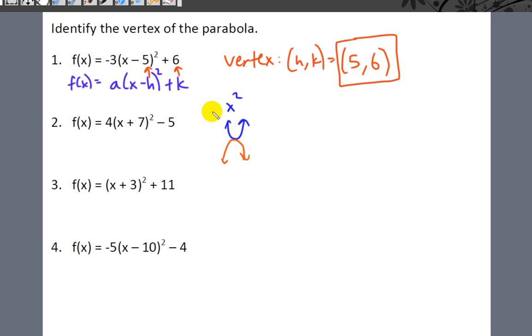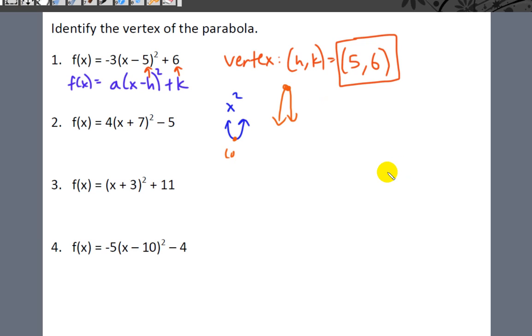Then it's going to be shifted 5 units to the right, and also shifted 6 units up. This 3 in the front says it's going to be vertically stretched, so it's going to get skinnier. It's going to look something like this, and that would be our vertex here. So it goes from 0, 0 up to 5 comma 6. That's in general what's happening, if that makes sense.